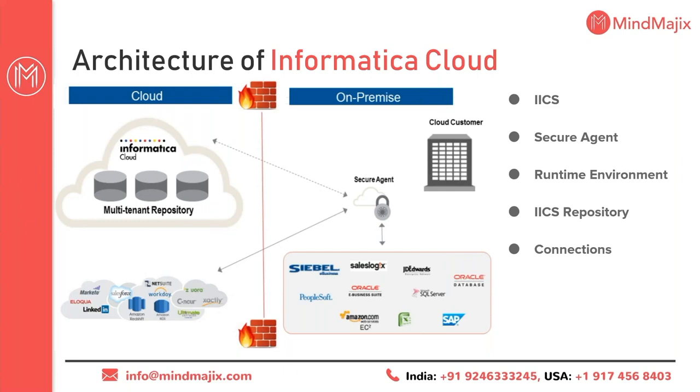And for other cloud applications like AWS, Azure, or different types of web services like SOAP-based and REST-based web services, there are different connectors available in Informatica Cloud. Using those connections, we'll be able to connect to source or target systems, and according to the requirement, we can pull data from these systems or populate data into them.